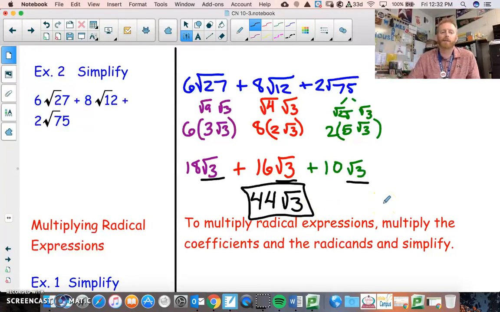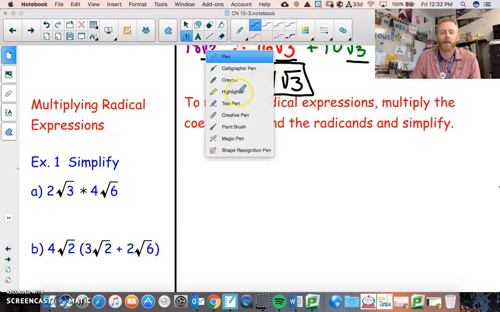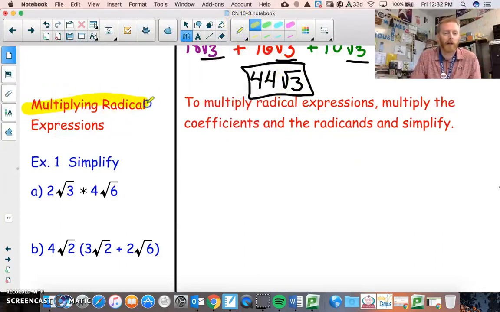So the process is just to simplify, like we have been doing, the individual chunks and then combine like terms. All right, the new idea from what we've been talking about is how to multiply. The process for multiplying is also kind of like when we distributed and had, I guess, like terms again.